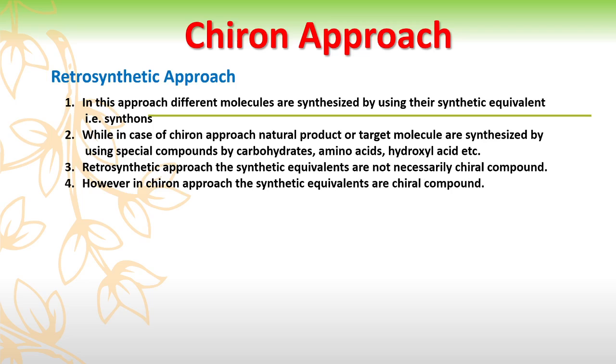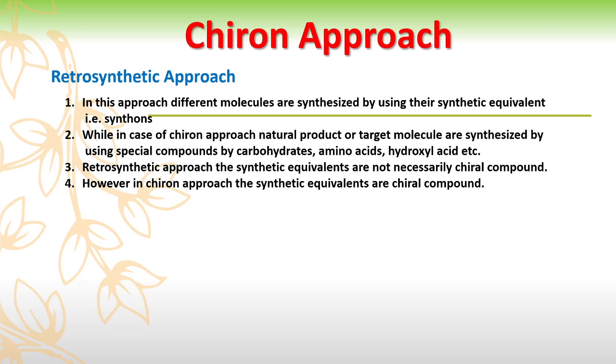For example, carbohydrates, amino acids, hydroxy acids, terpenes, etc. are natural products, and by using these natural products as starting material, we are going to synthesize some natural product or natural molecule. So this approach is called the Chiron approach.